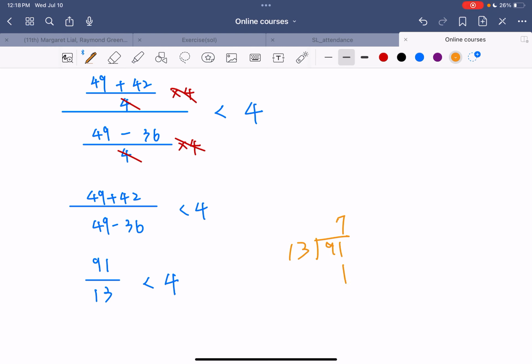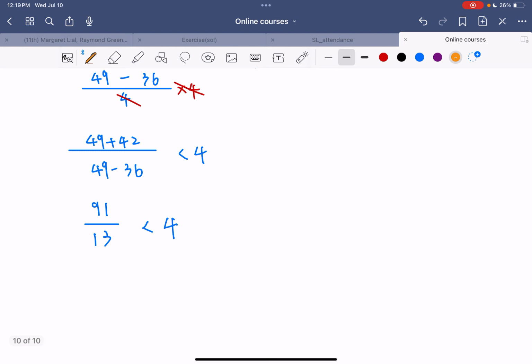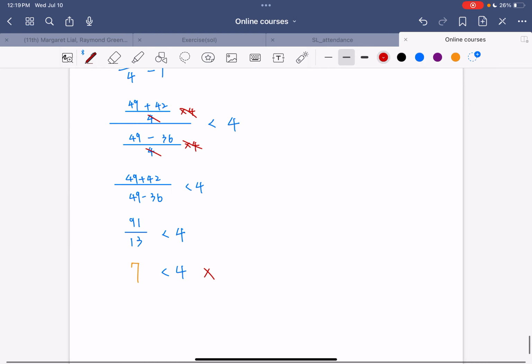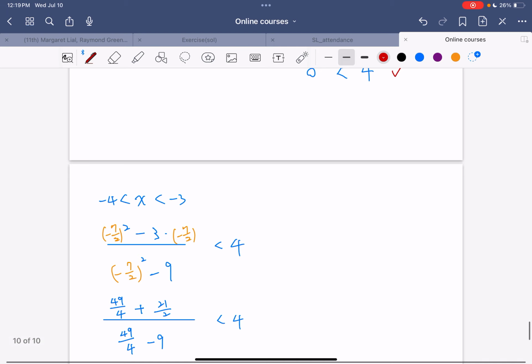Okay, 7 times 3 is 21. We got 2. As 7 times 1 is 7, and plus 2 is 91. So we got 0, and we got 7 on the left side. We got 7 less than 4. Is that correct? No, it does not fit. So this area does not fit.